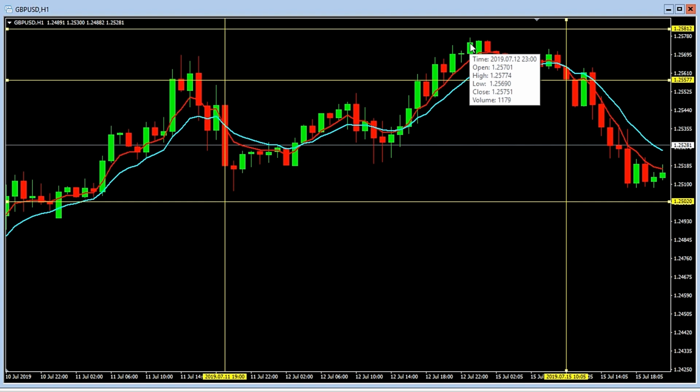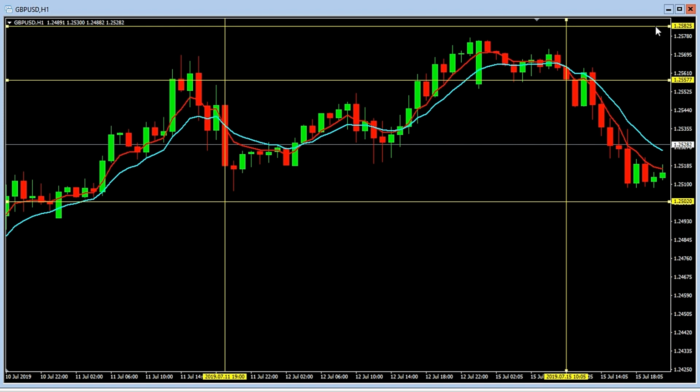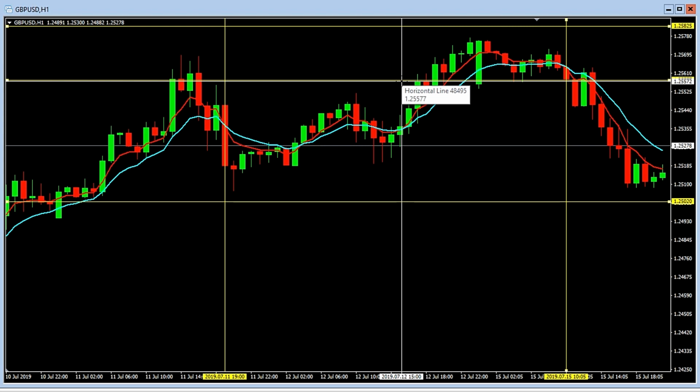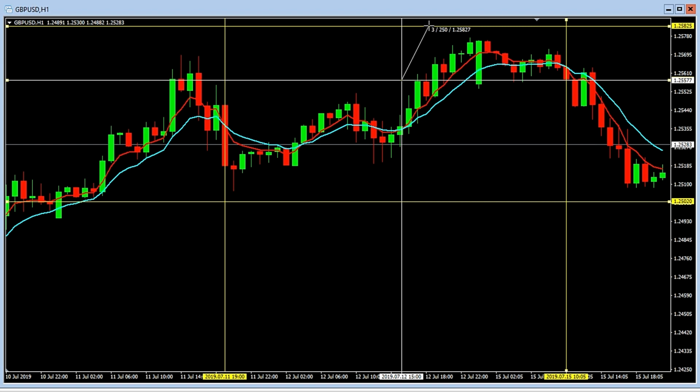And then we measure, it is 25 pips. So we get a take profit of 25 pips here on this candle, and then we continue with our trade.